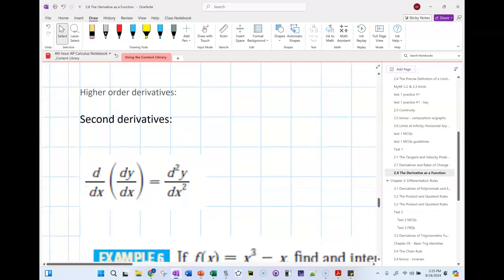So what happens if I take f and I find its derivative and I want to take the derivative of f prime? Can I do that? Sure. That's called the second derivative. So the notation that we typically use would be like, instead of dy dx, I'd say d squared y dx squared. Or I could say f double prime, or I could say y double prime.